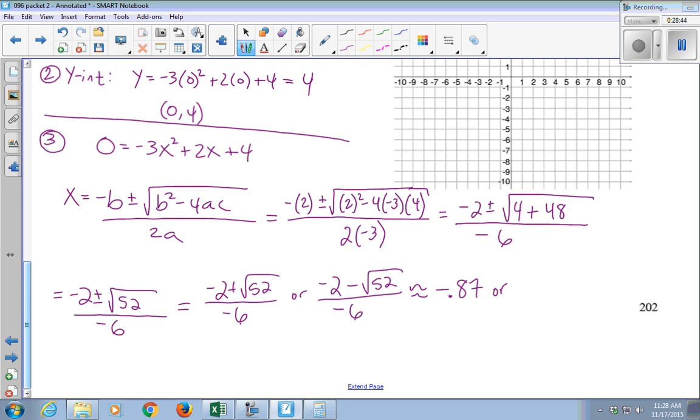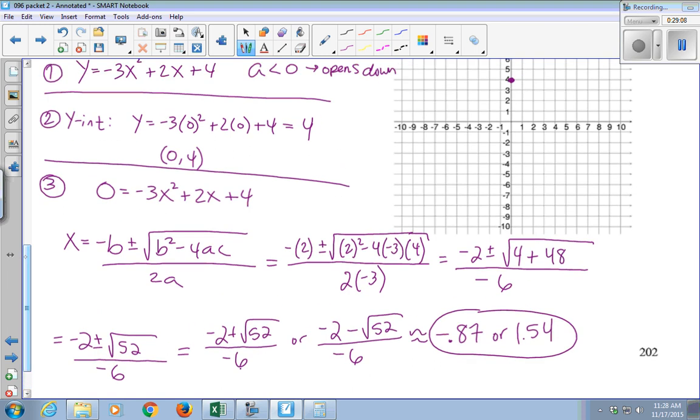And then -2 minus root 52 divided by -6 is 1.54. Thank you. So there are my x-intercepts. So I try to put them on my graph. -0.87, that's almost -1. And 1.54, about halfway between 1 and 2, x-intercepts.